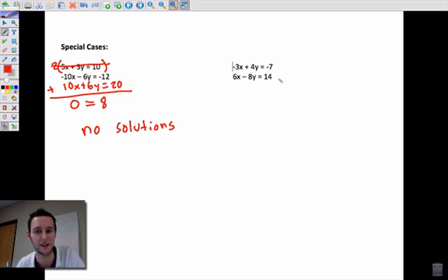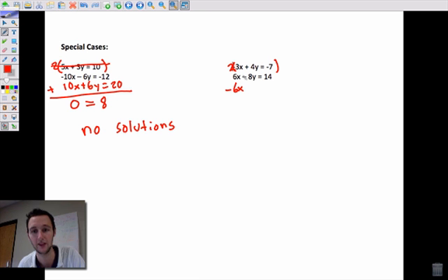If we look at this next special case, I see that there are negative 3x in the top equation and a positive 6x in the bottom. So I'm going to take that first equation, multiply the whole thing by 2. Okay, that gives me a 2 times negative 3x, which is a negative 6x.